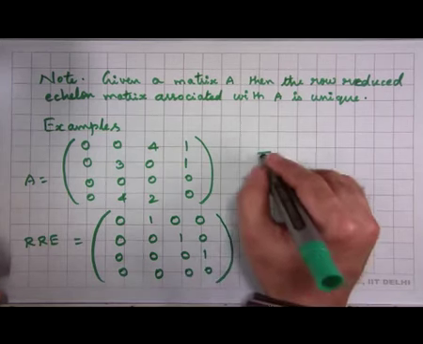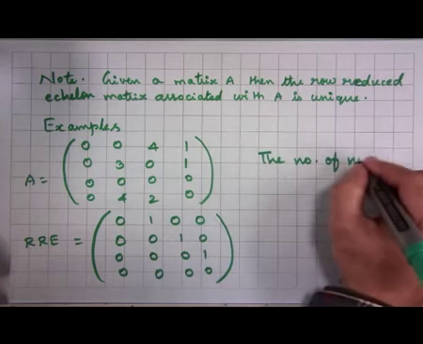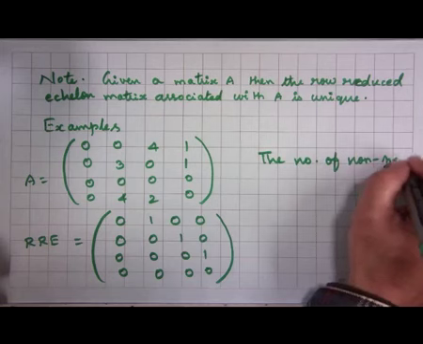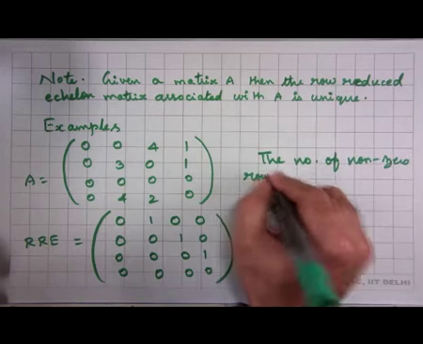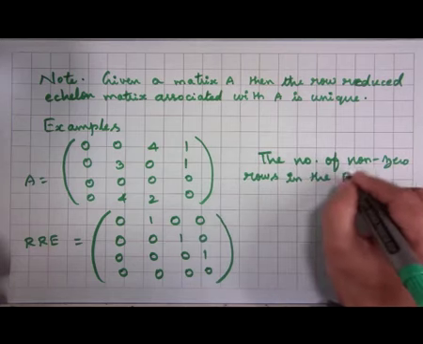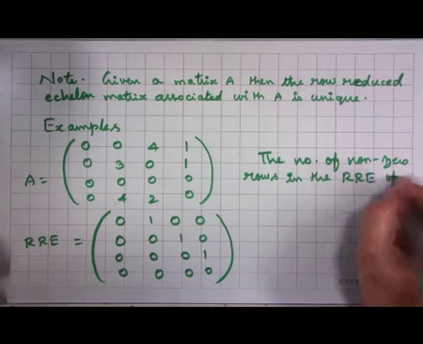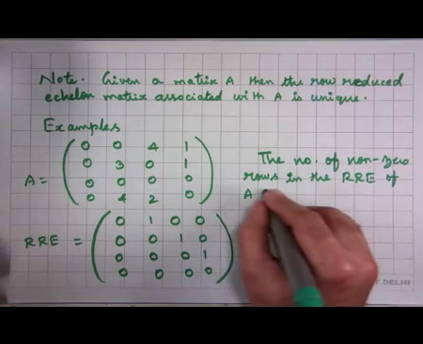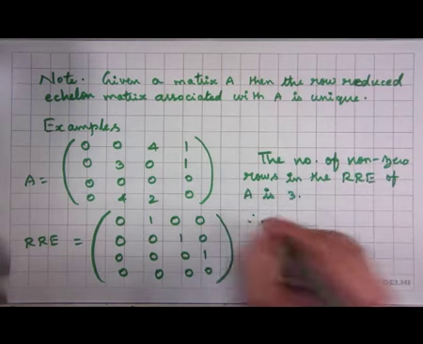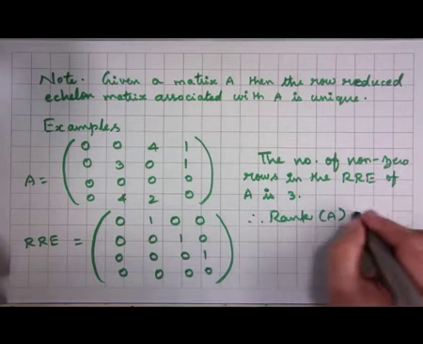The number of non-zero rows in the RRE of A is 3. Therefore, the rank of the matrix A is 3.